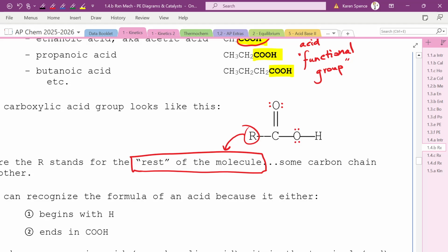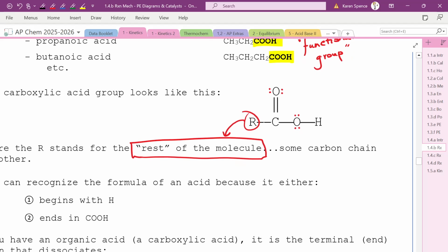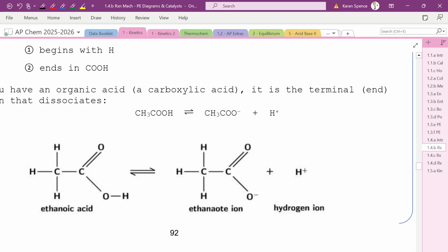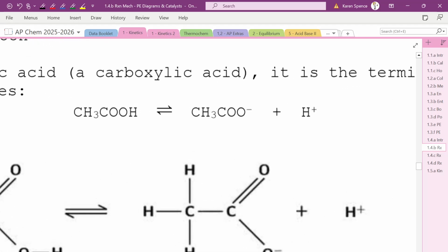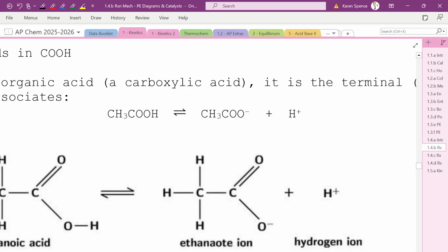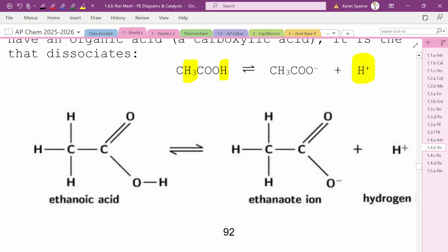So you should be able to recognize acids because either they begin with an H or they end in COOH. And when they separate, it is important to know which of those hydrogens comes off, because the big deal about an acid is that hydrogen comes off, but we have lots of hydrogens, right? Which one is it? It's always the one attached to the COO. The other ones, not very much.